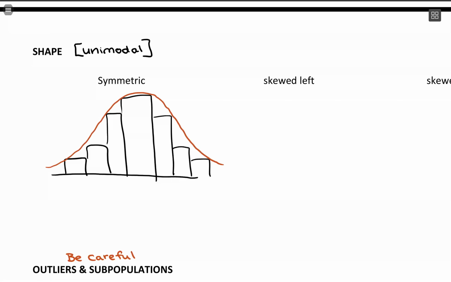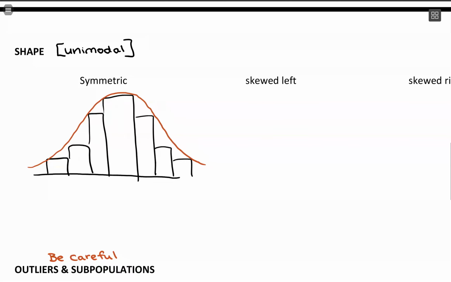And with these, you kind of don't want to look too closely. It's kind of like if you stand back and look at it, what's the general trend of the data? So it might not be perfectly symmetric, but if it roughly has this peak in the middle and this overall kind of increase and decrease nature around it, that would be symmetric.